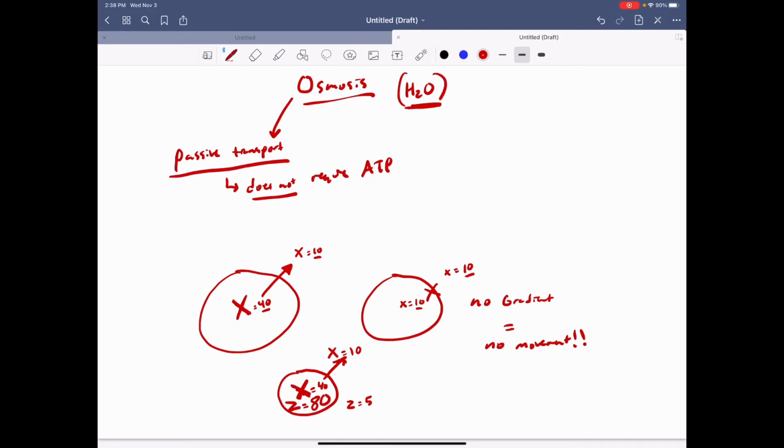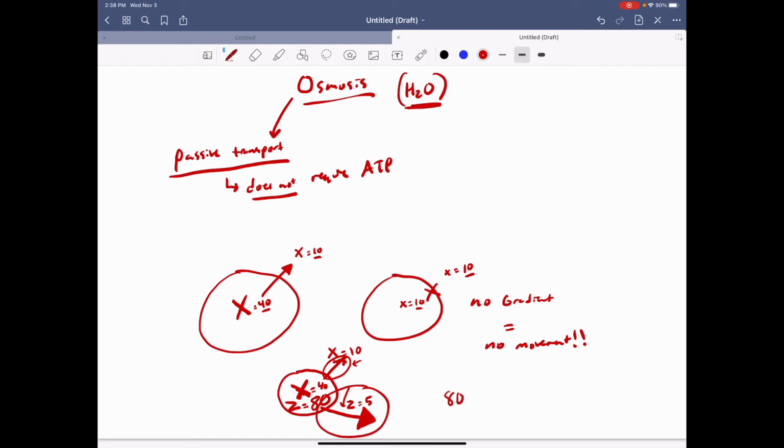Okay, so obviously, right, it's going to move out. Now notice that I drew this arrow here a lot bigger than I drew this arrow, okay? And that's because this gradient is bigger than this gradient, okay?